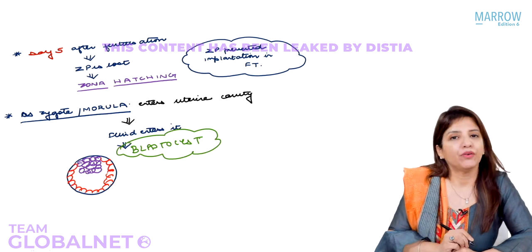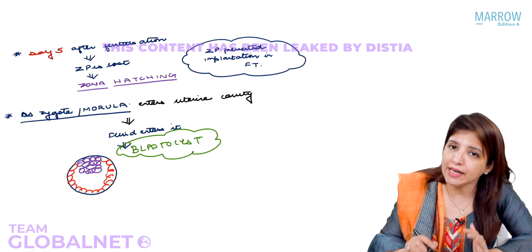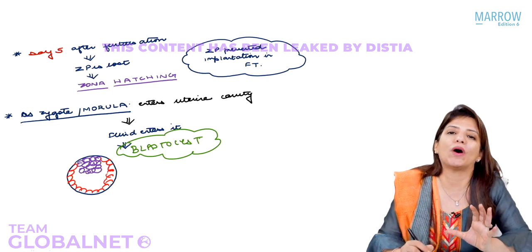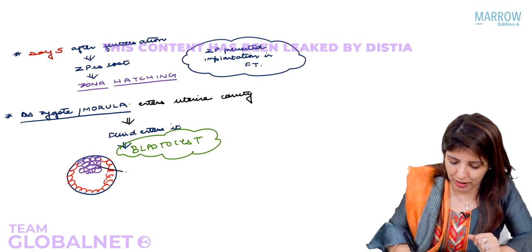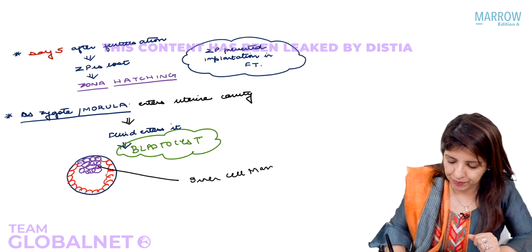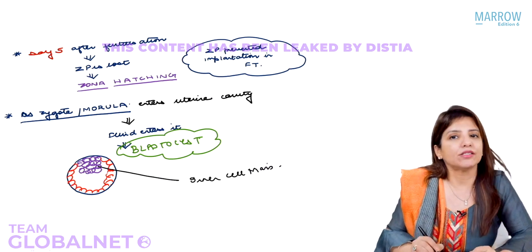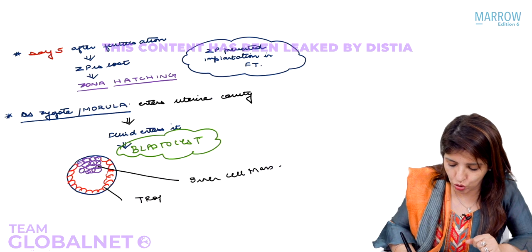Right? Now, if you see the diagram of a blastocyst, you will see a few cells which are attached to one side. The cells which are attached to one side of the blastocyst are called as inner cell mass. Right? And the cells which are lining the blastocyst are called as trophoblast.